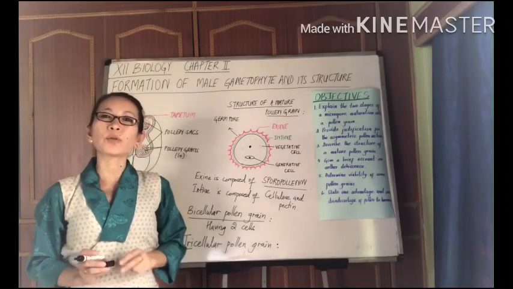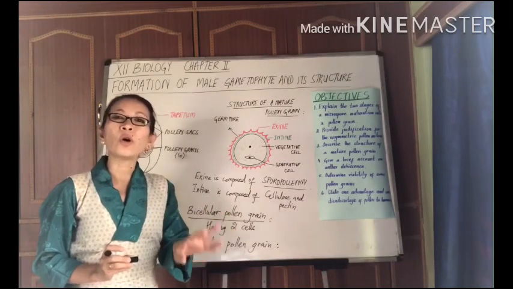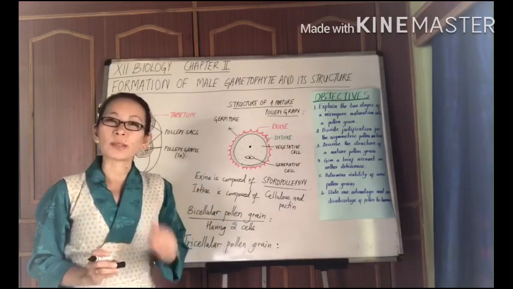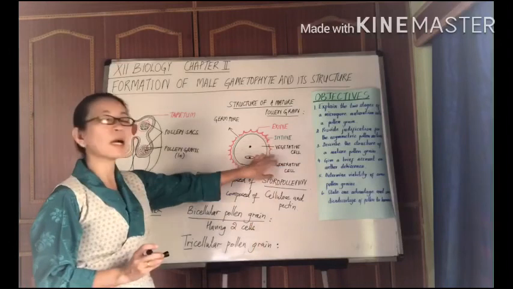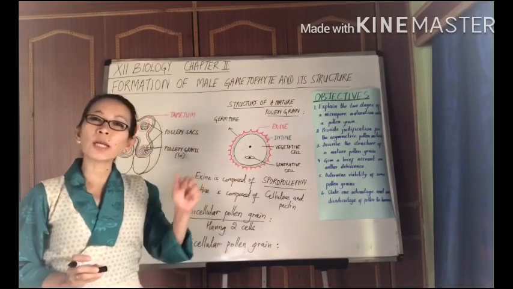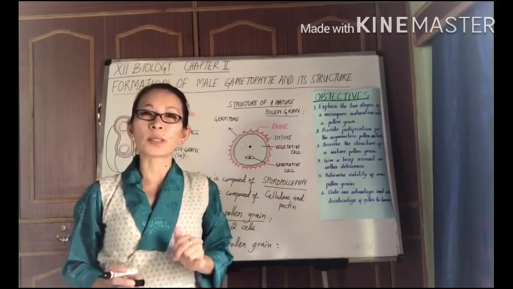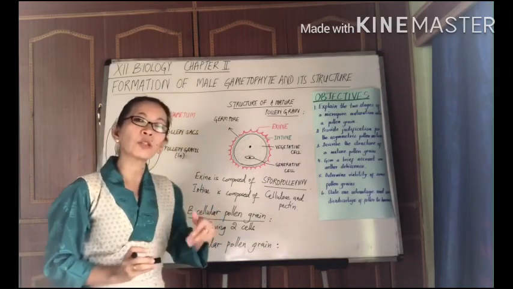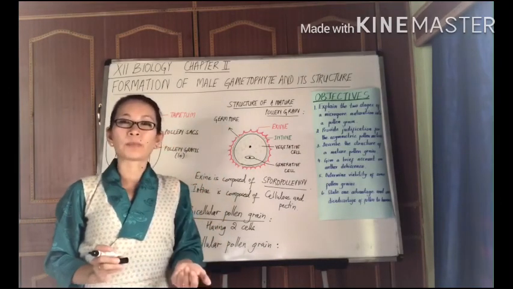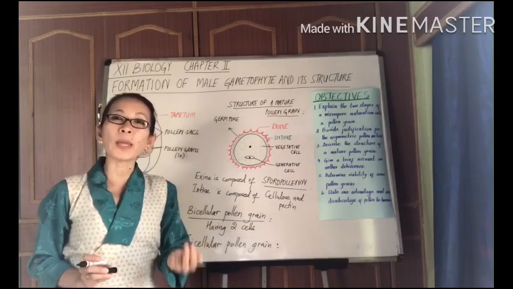This generative cell can undergo a second mitosis. Already it had undergone the first mitosis forming these 2 cells, and then the generative cell can undergo a single mitosis and give rise to 2 male gametes. The two daughter cells are the 2 male gametes.